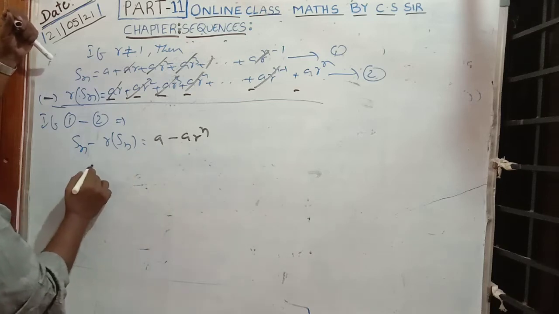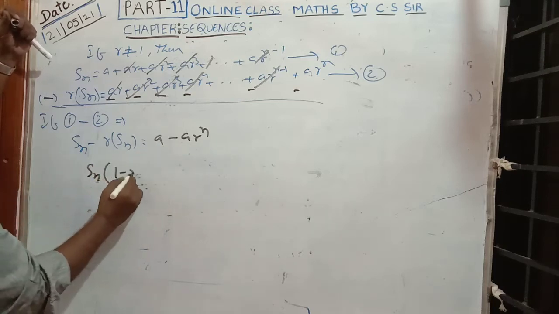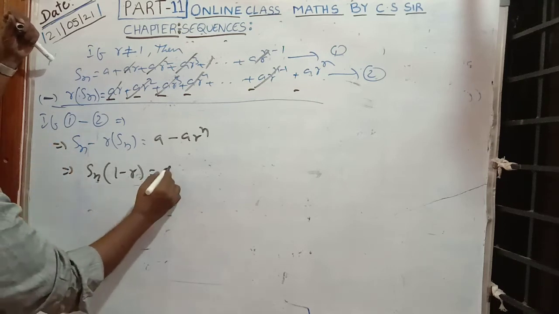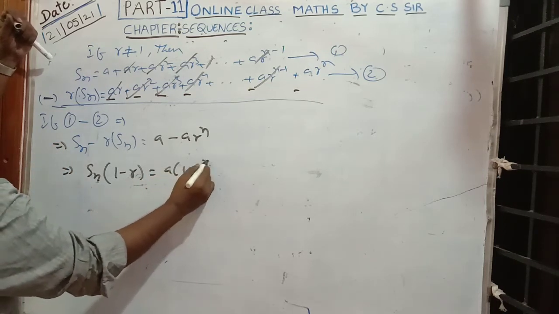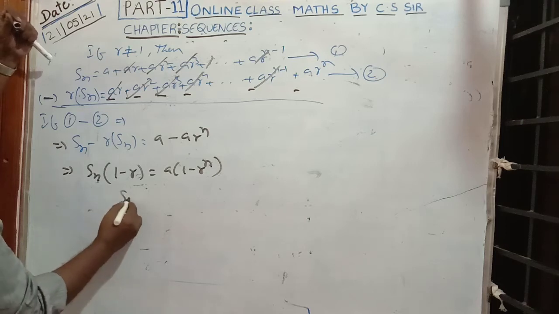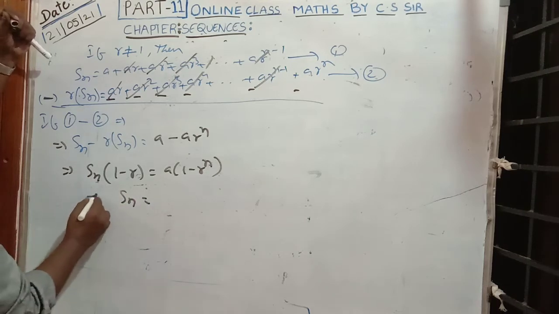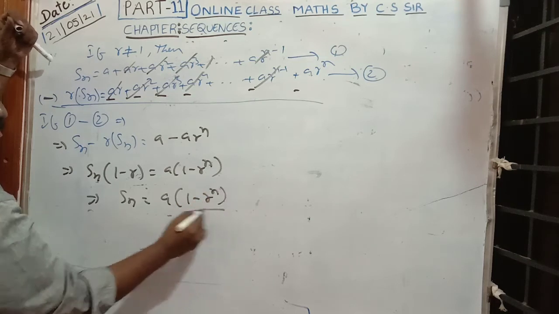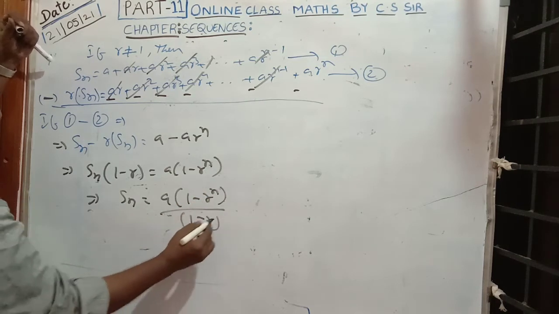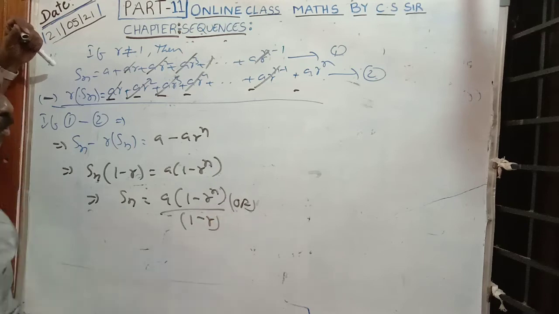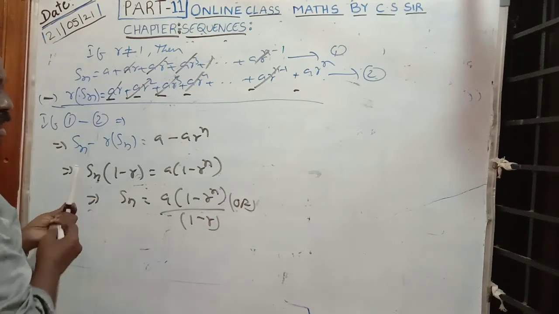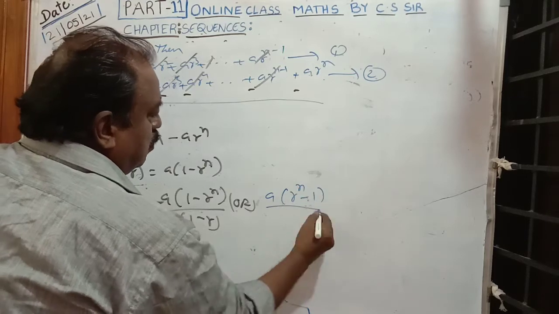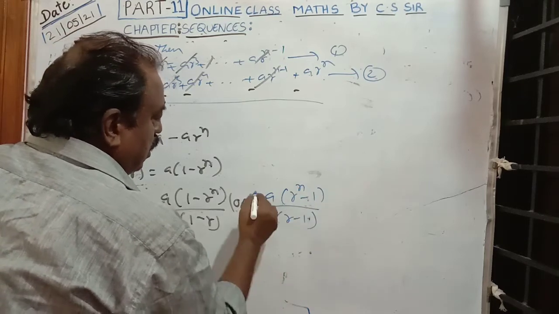So Sn is common, (1 - r) Sn = a(1 - r^n). We need Sn only: Sn = a(1 - r^n)/(1 - r). Or otherwise, we may write it a different way: a(r^n - 1)/(r - 1) also.